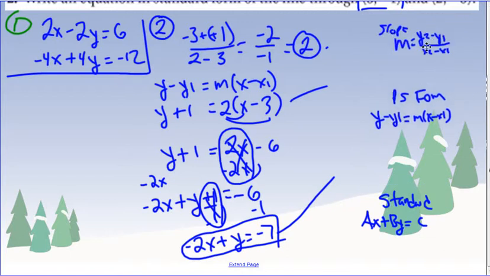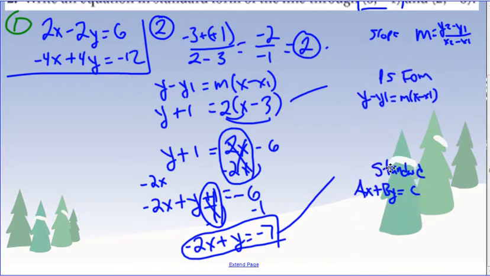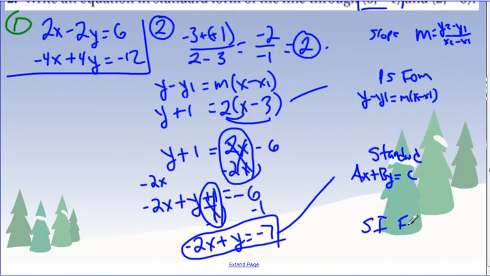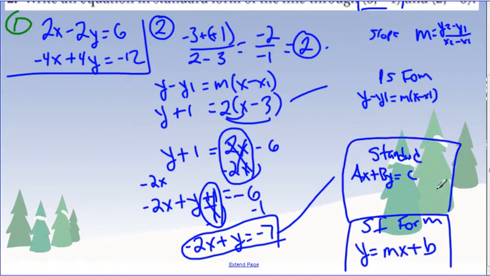You should have point slope form. You should have standard form. The only other one you probably need to know right now is slope intercept form, which is y equals mx plus b. Those 4 are vital for this chapter.